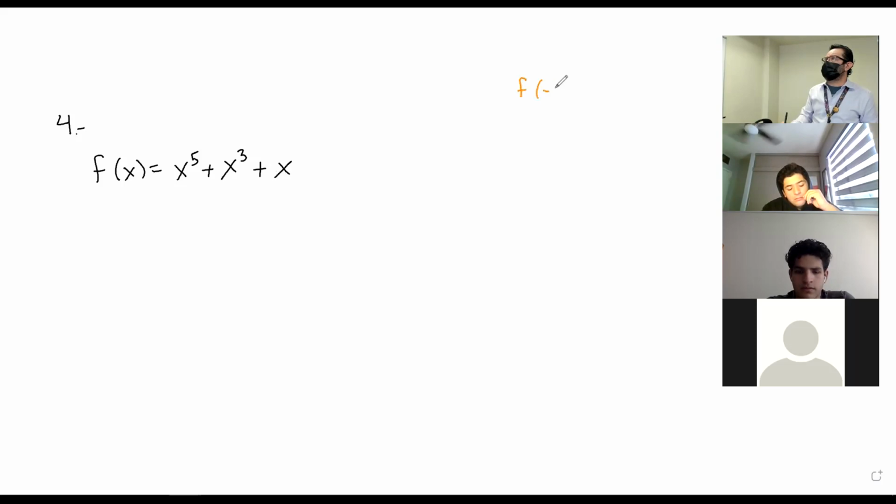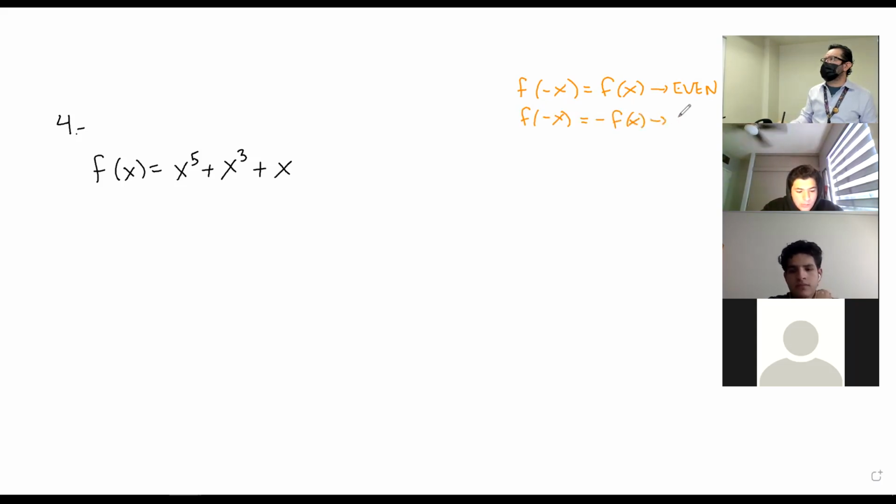If f of minus x is equal to f of x, this means that it is even. If f of minus x equals minus f of x, this means that it's odd. And if none of those two situations happen, it means it's neither even nor odd.